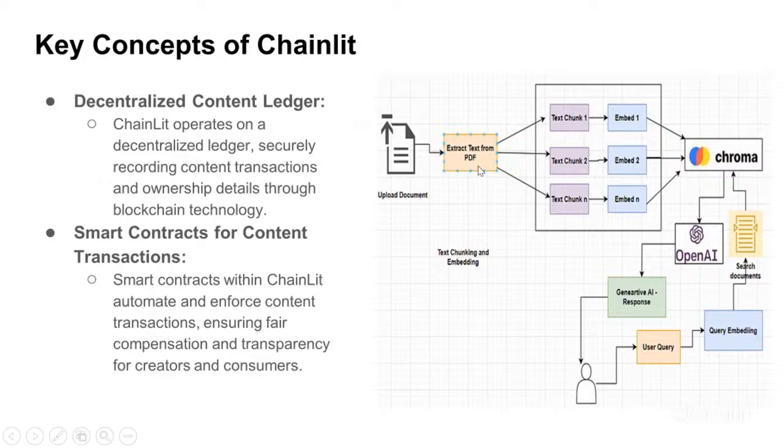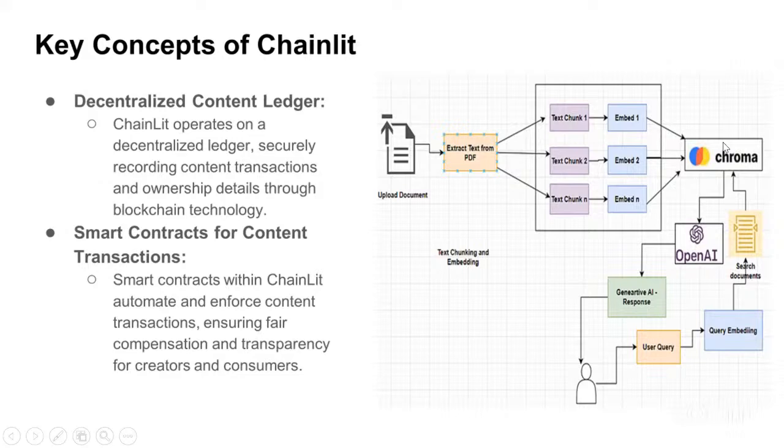Then it will extract the text from the PDF or whatever the file is, and then it will form some chunks. After chunking, these chunks will form the embeddings. Embeddings means a numerical representation of this text. After that it will be stored in our Chroma framework.